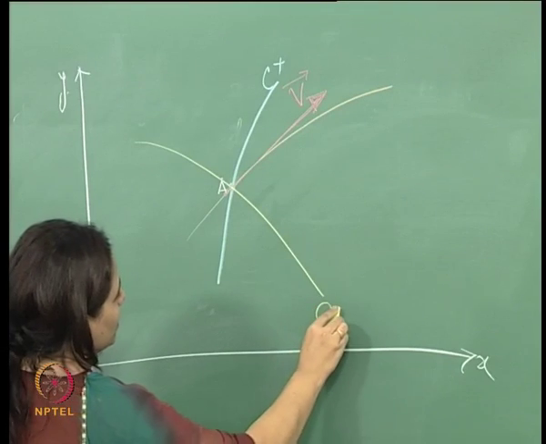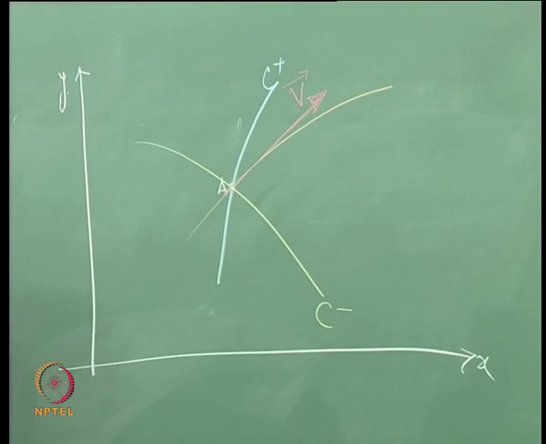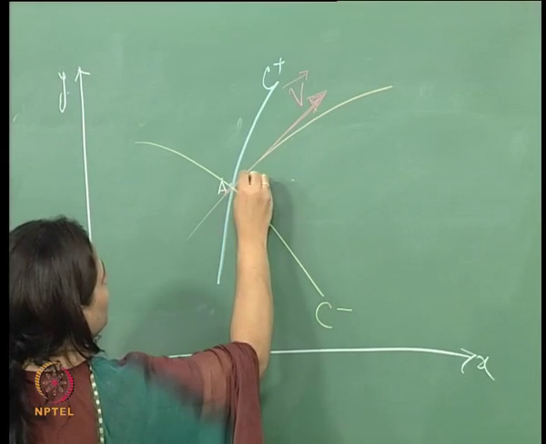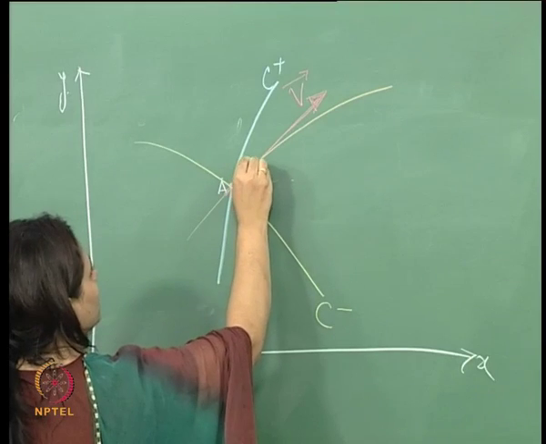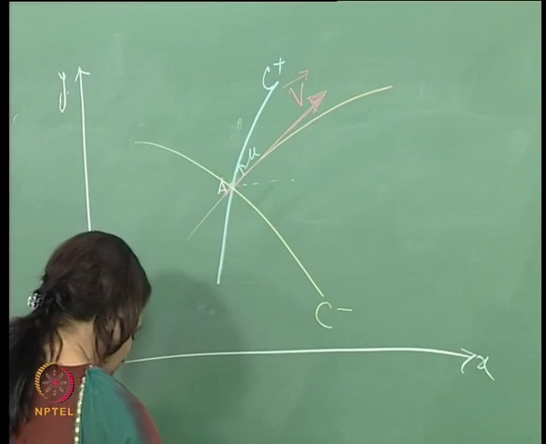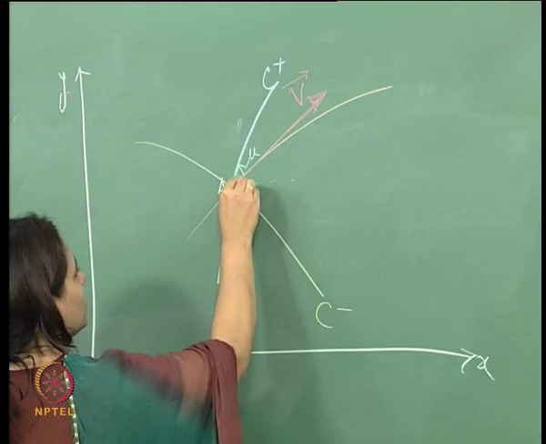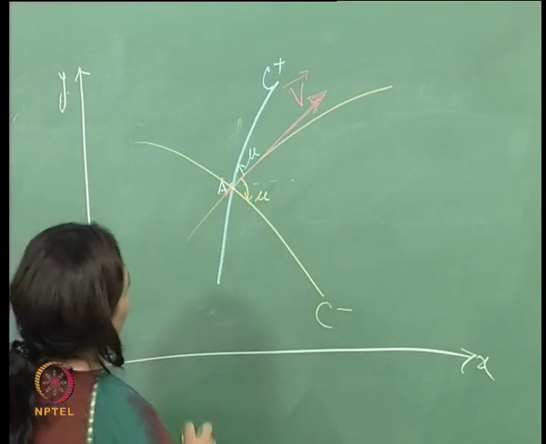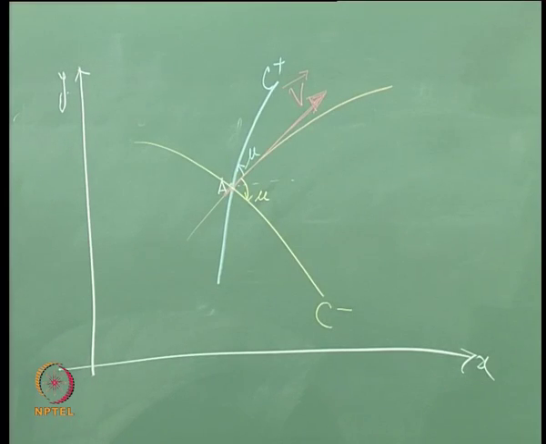So this is C minus, and as we said, these characteristic lines are essentially Mach lines. Therefore, this is making positive u, and this is also making u. The arrows indicate the directions, so I didn't write minus u.